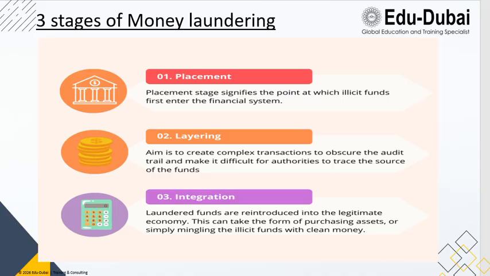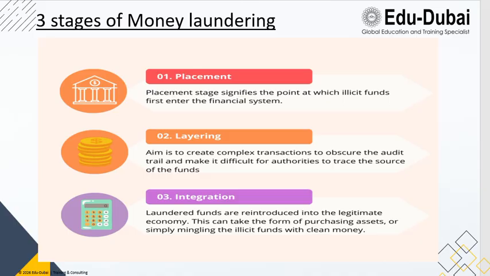Once the layering is done, we cannot know from which account the money has come and to which account it has gone. It is impossible to trace the source of the income. That is the advantage of doing layering.